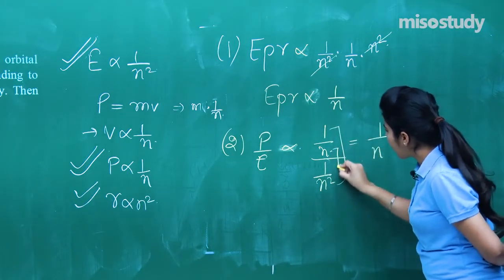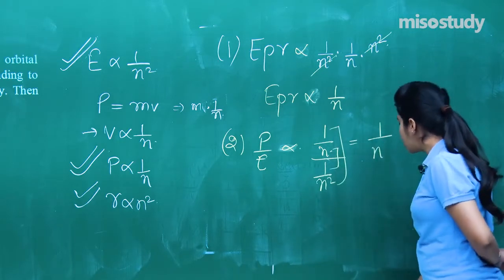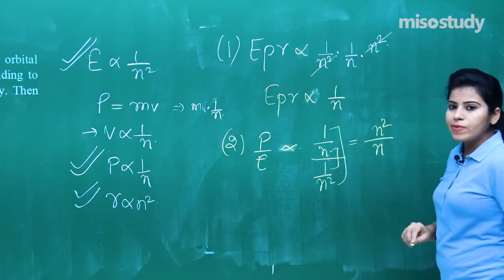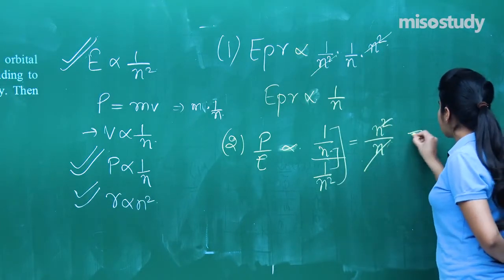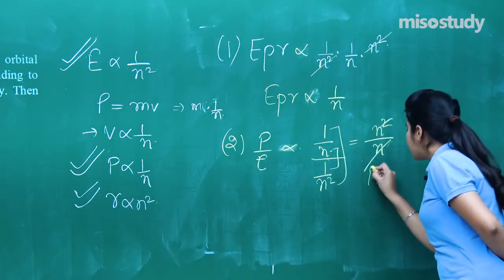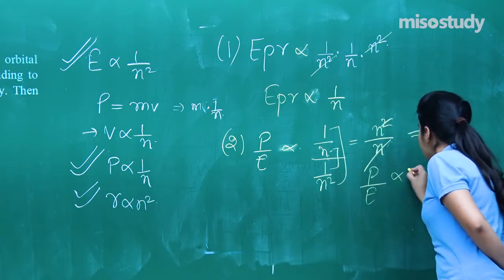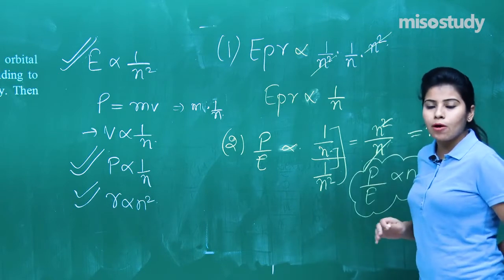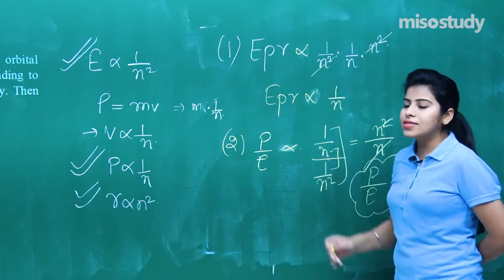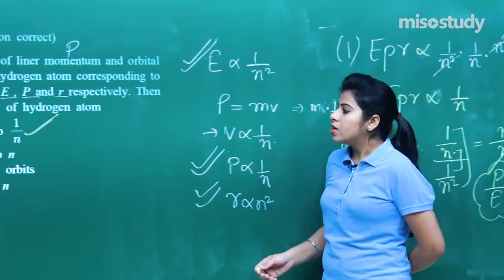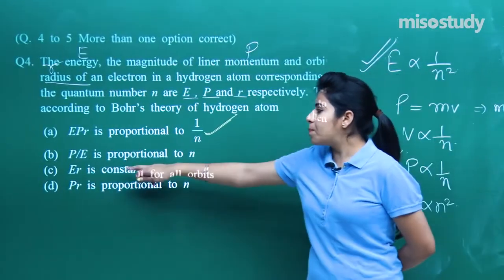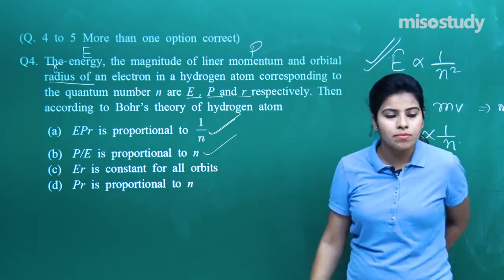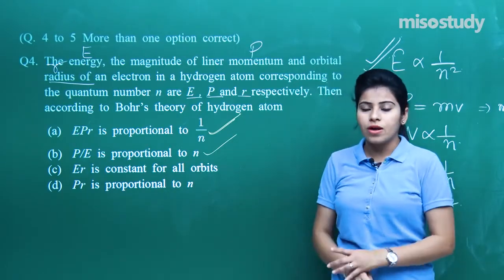When they are divided, we have n square by n. That means you have n with you. That means P by E is proportional to n. Has this come out to be true or not? We can see in the option what has been given. So yes, this has been asked, whether P by E is proportional to n or not. Yes, this is proportional to n, because we have found the same relation, right?